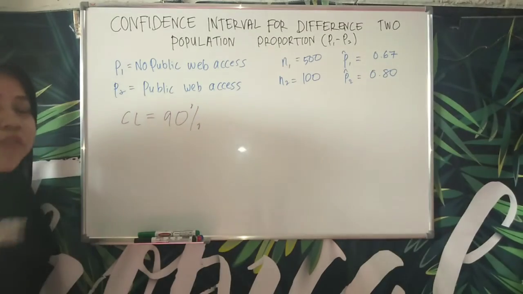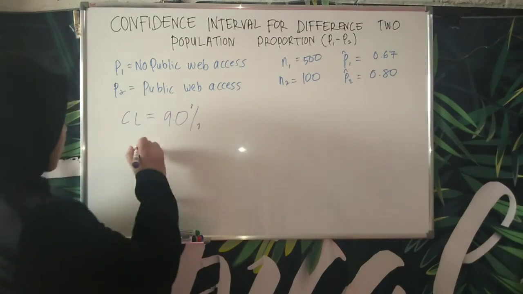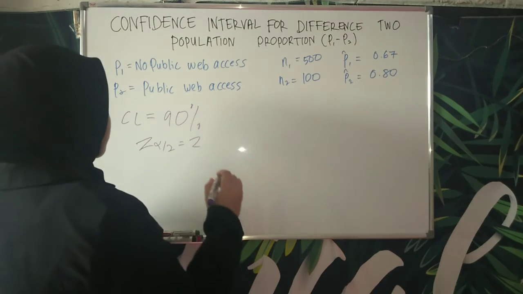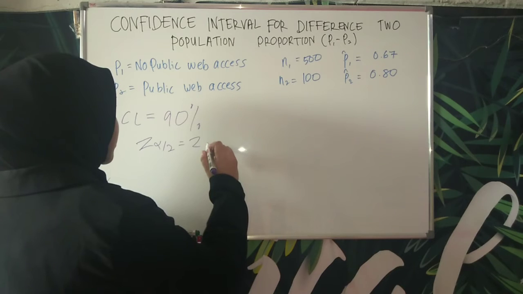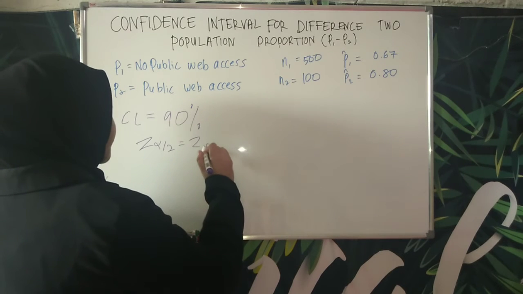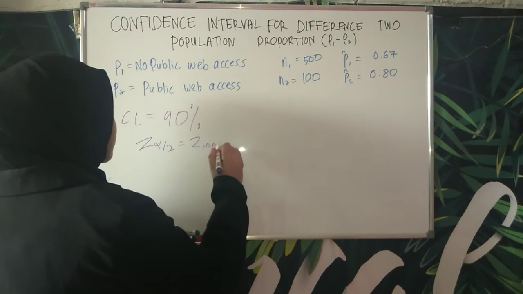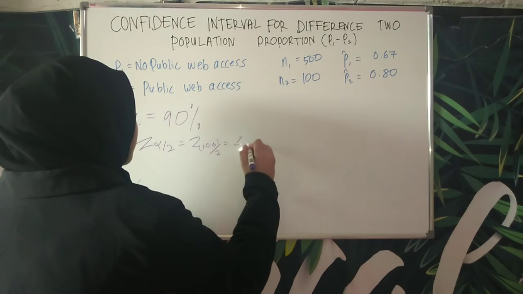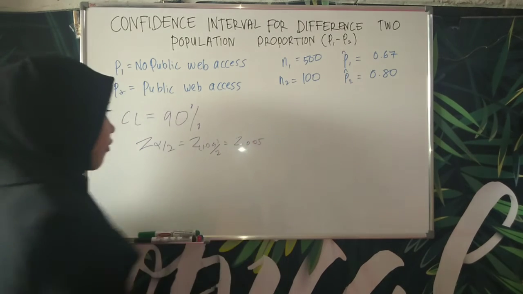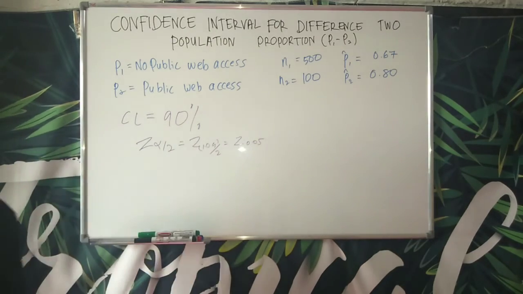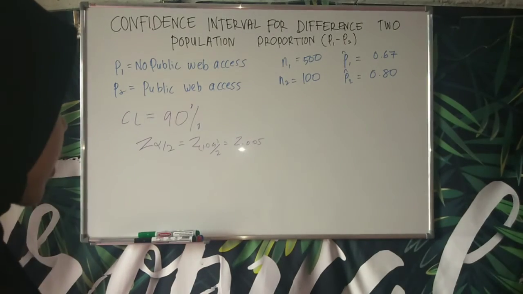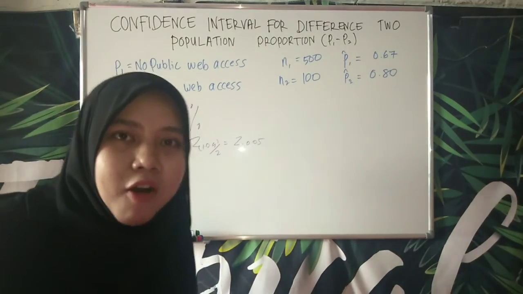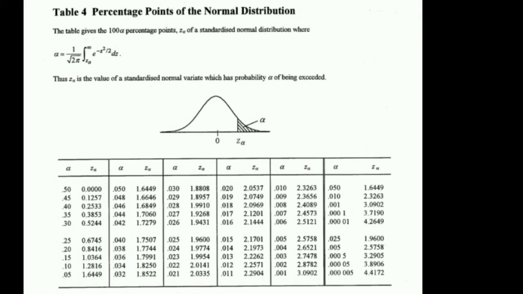From this we are going to find our critical value. Z alpha over 2 is equal to Z of alpha, which is 1 minus 0.9 over 2, and we will get Z 0.05. After that, we refer to table 4, the Z table.